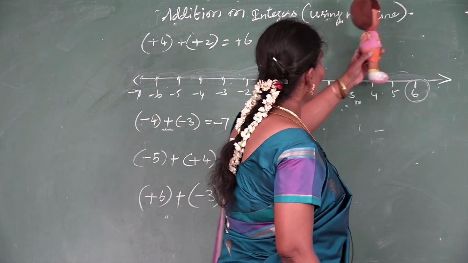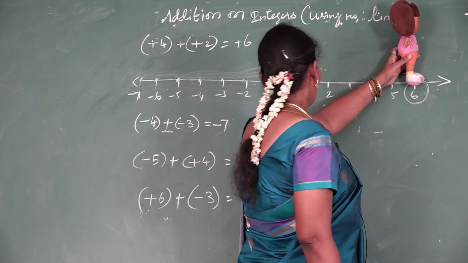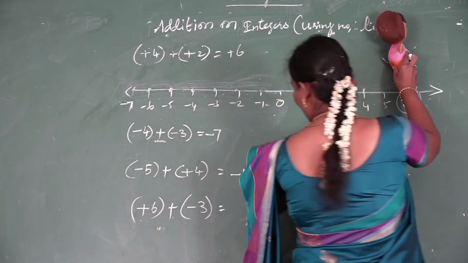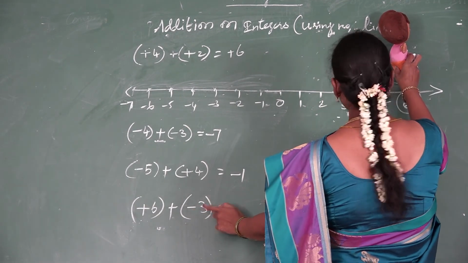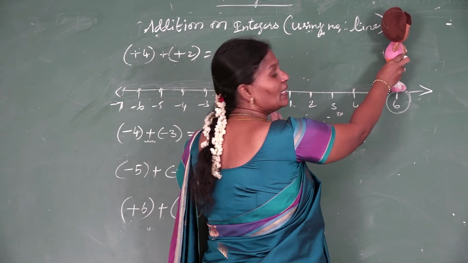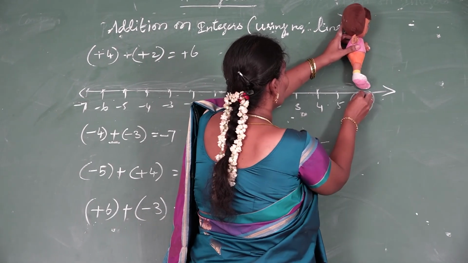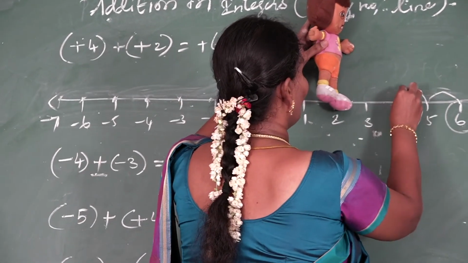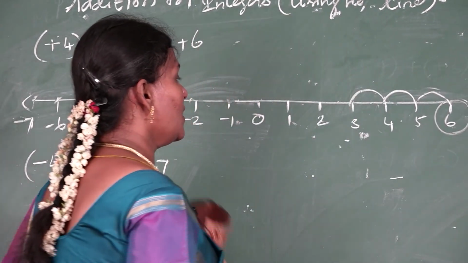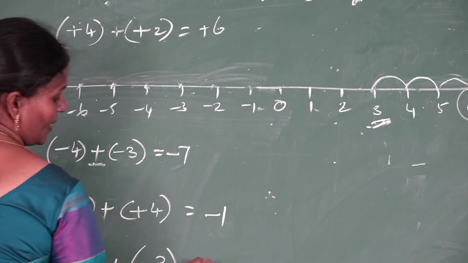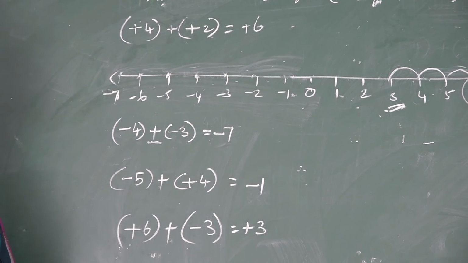Stand on 6. This is the addition sum, face the right side. And what is the next integer? Minus 3. So minus 3 means you have to move backward 3 steps. So 1 step, 2 steps, 3 steps. What is the answer now? Yes, plus 3. So the answer is plus 3.